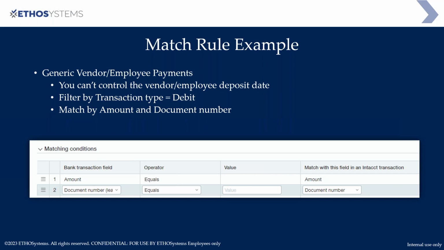So when you're doing vendor and employee payments, you filter based upon debits, but you usually match only by the document number, the check number, and the amount. Those are the only two things you'll hit on, because the date's not going to match up.